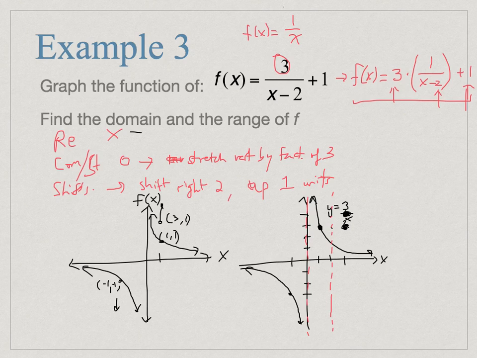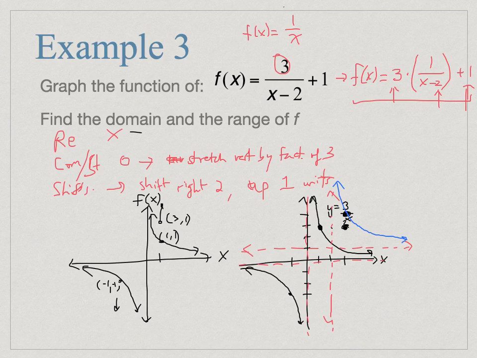So that's going to be my new axis, sort of. And I'm going to shift my horizontal asymptote up 1 unit. Do you see that? So this is my new kind of axis here, and then the rest of the graph you can just draw around these axes, so it looks something like this.